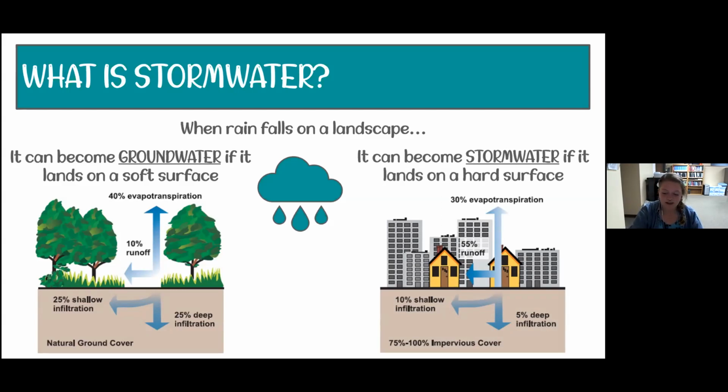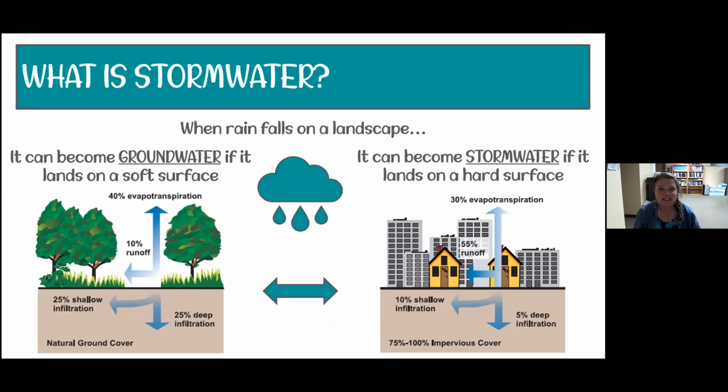I just want to stress the point here that these two spheres that we talk about are absolutely connected. Just because rain starts off as stormwater doesn't mean it won't become groundwater later on. And in fact, rain gardens actually play a really crucial role in fostering this connection between these two spheres. So just want to make that clear that there is the possibility for stormwater to become groundwater, which is really important, and I'll talk about that a little bit later on.